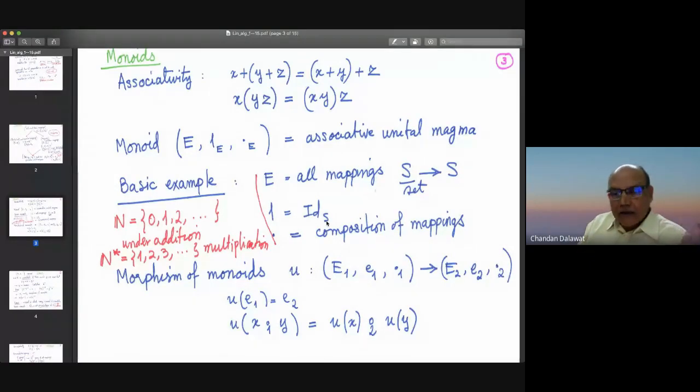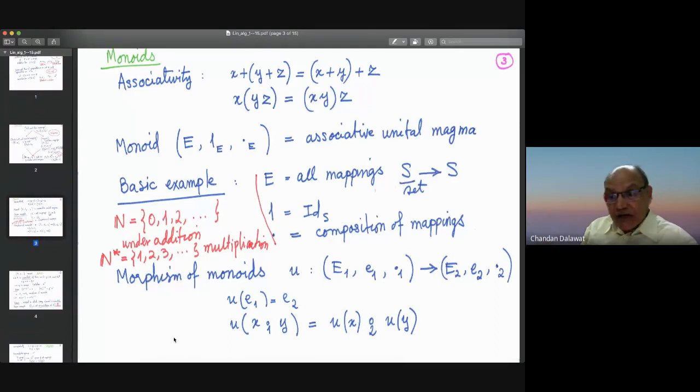That is very easy to verify. So the set of all mappings from S to S is a monoid because it has an associative law of composition for which this special element, the identity map, is a unit element. So now we have seen three examples of monoids, and this one is actually infinitely many examples. There's one for every set S.